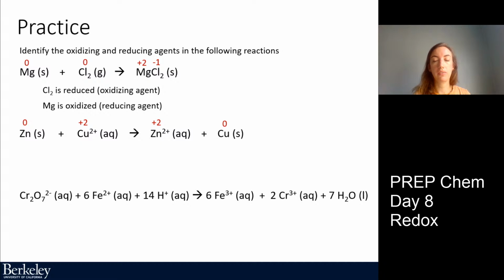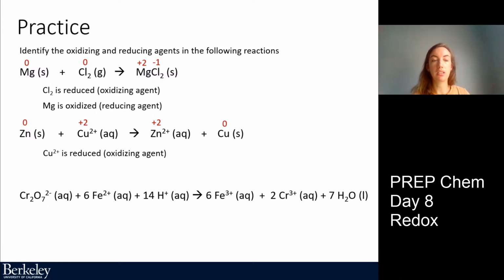Similarly for this next one, zinc is 0, it's not charged and it's not bound to anyone else. Copper is not bound to any other elements, but it is charged, so it has a +2 charge and a +2 oxidation number. On the product side, zinc is +2 and copper is 0, again because of their charges.